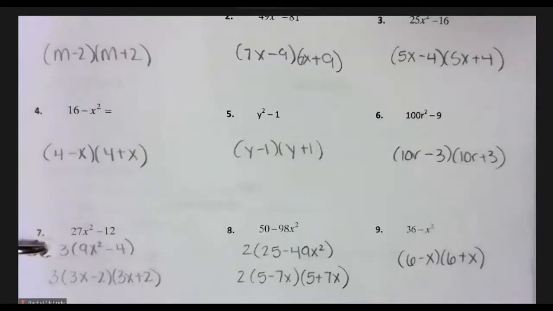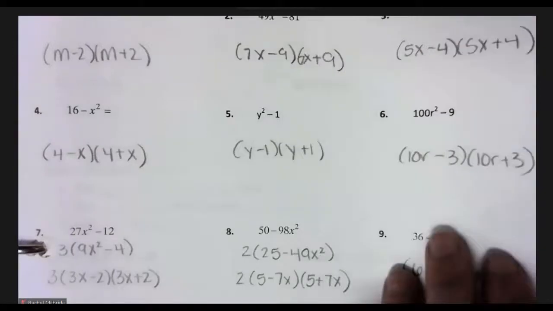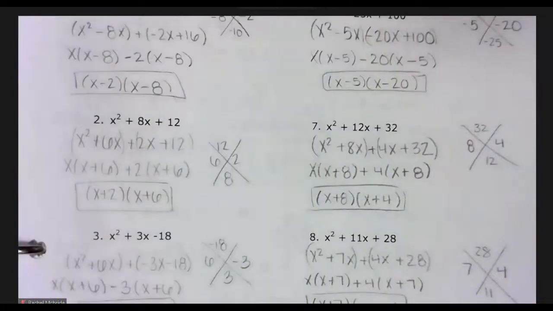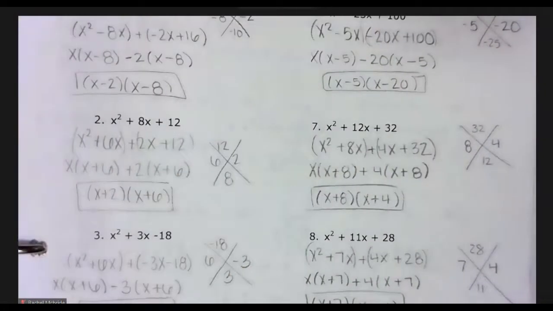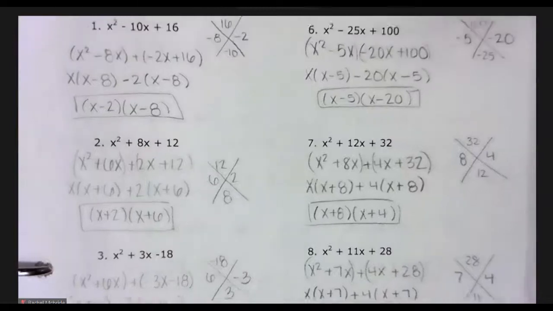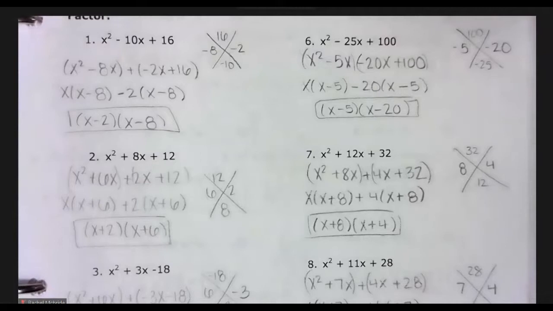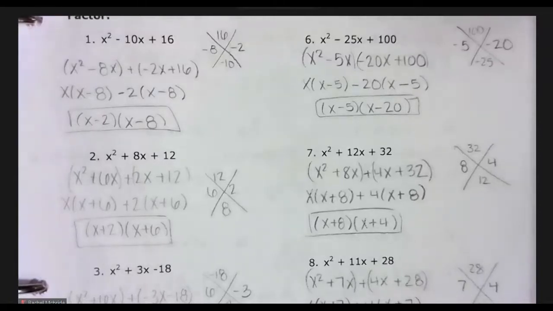If A is greater than 1, you can still, oops, sorry. I didn't go quite far enough to the next page. That was the difference of squares. 2 more pages. There you go. These are numbers because I have a ton of handouts.